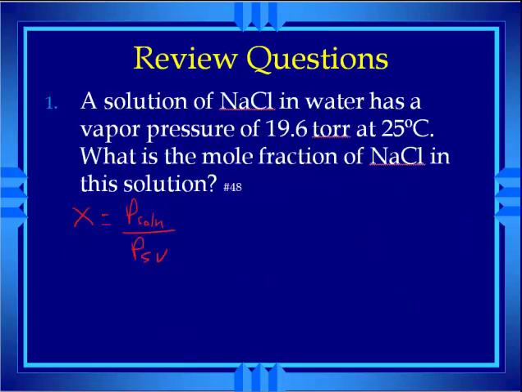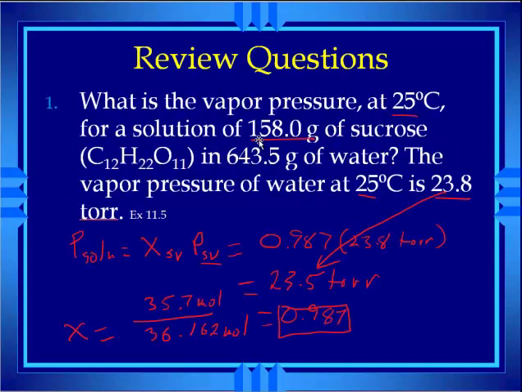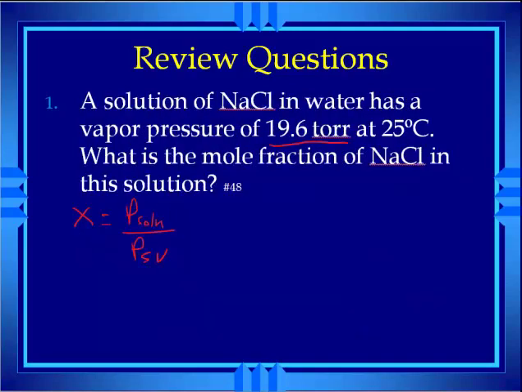Alright, so to do this problem, I've got two pieces of information. I've got this information right here that tells me the vapor pressure of the solution. And from the previous problem, I've got that the vapor pressure of water is 23.8 torr. So we're going to use that piece of information to work this out.